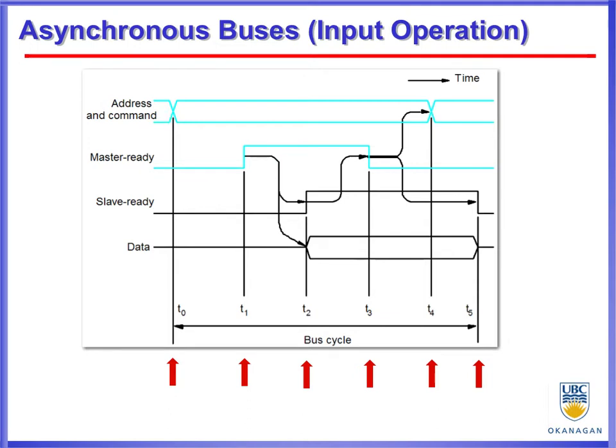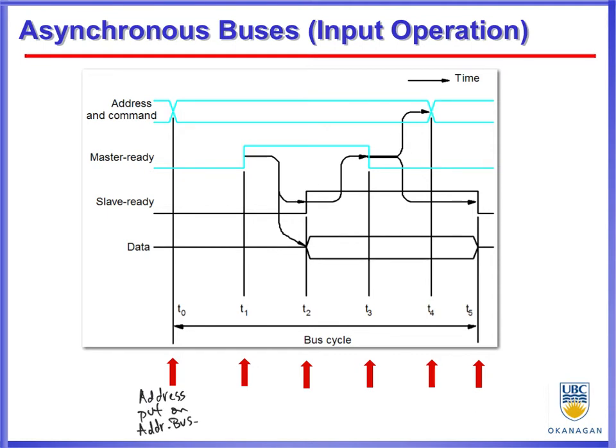They're always actively monitoring that address bus, looking at that address, decoding it to try to recognize whether it's an address in their address space or not. So that happens right away. The next thing that's going to happen at time t1: address put on the address bus, and the devices start decoding.